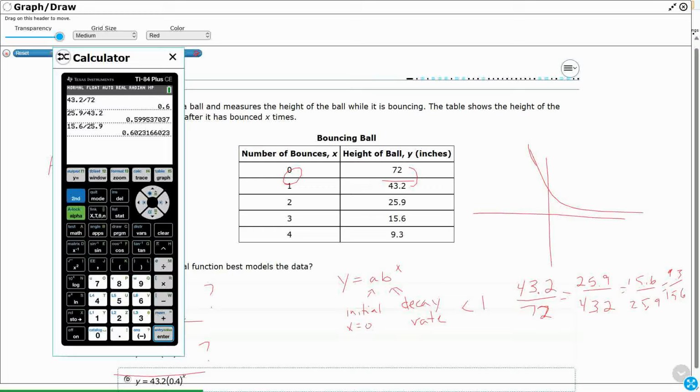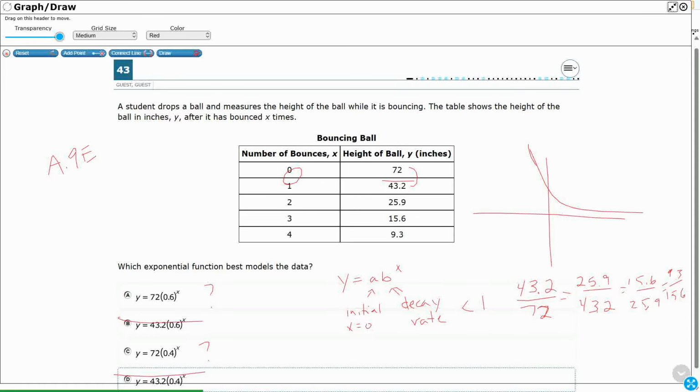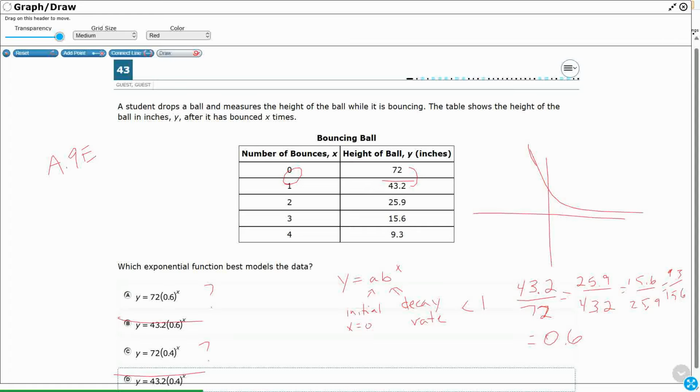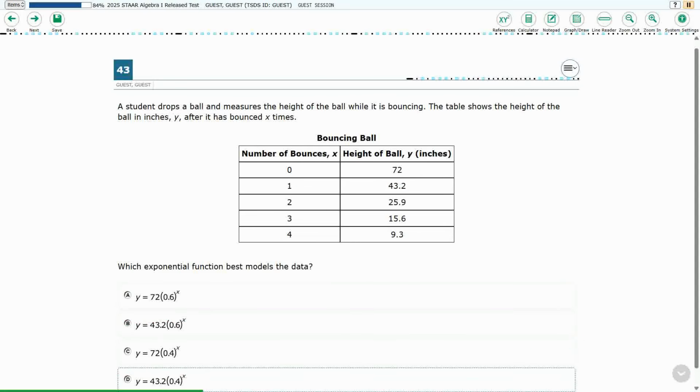If we round, it looks like we're just rounding to the nearest inch here. 9.3 divided by 15.6. There we go, 0.6 if you round. All right, so it is going to be that 0.6. And so we're going to get our answer of A.